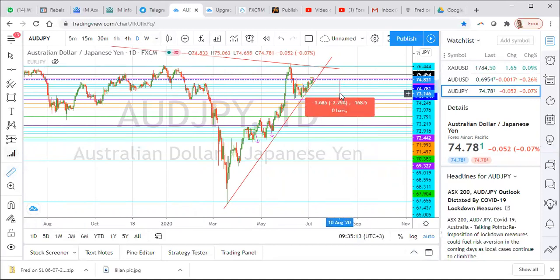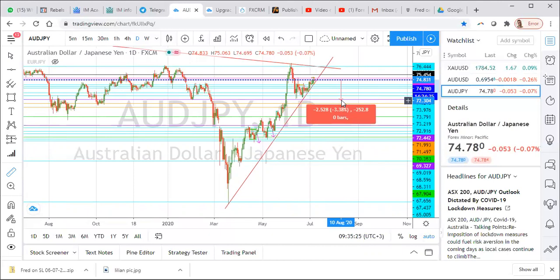AUDJPY has a potential drop of about, let's say, 150 pips, thereabouts, or even more in the long term. Yeah, that's what I expect, it to drop about 200 to 250 pips this week.